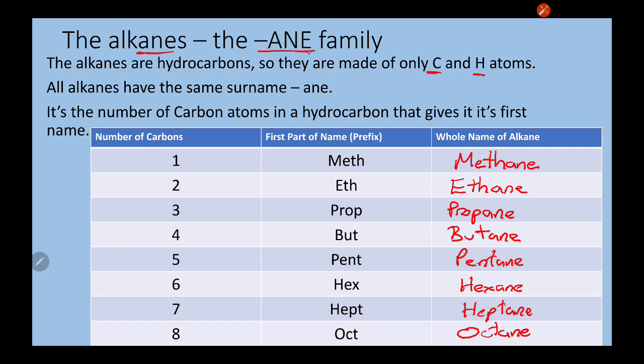Now, there are different ways of doing that. One way is to try and create a sentence in which each word begins with the letters M, E, P, B, P, H, H, O. And you can make that up. It doesn't matter what it is.